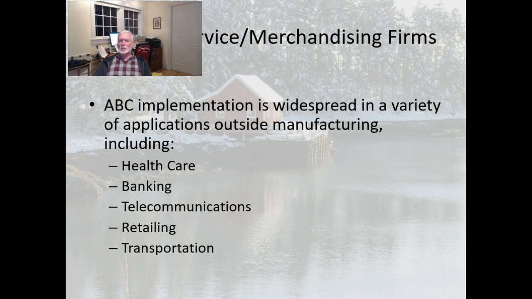And if they get those allocations wrong, they're not necessarily going to compete as well as they could if they knew what their real costs were. So it's important for every kind of company to have a good cost system, and ABC is certainly one that is used a lot.